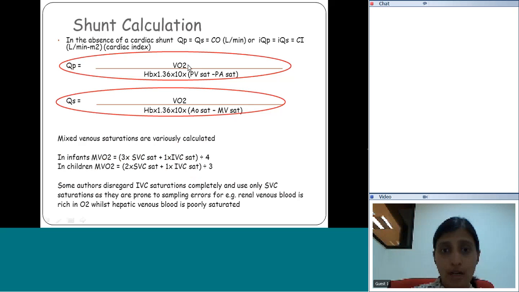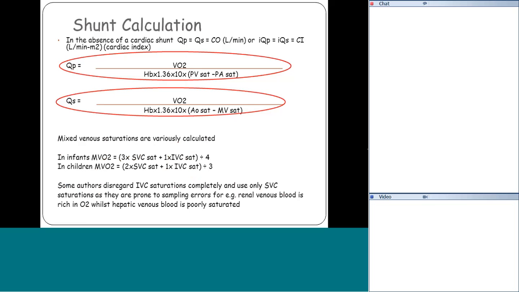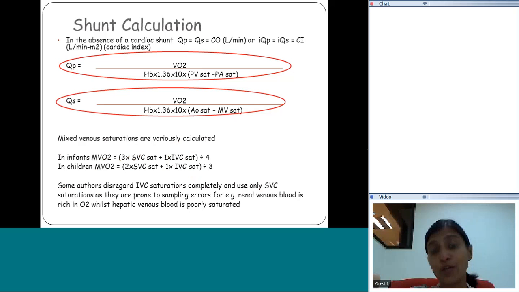In the denominator, you have hemoglobin times 1.36 times 10, which is the conversion factor, times the oxygen on the arterial side, which is the pulmonary venous side here, minus the oxygen content on the venous side, which is the pulmonary artery side. PV sat minus PA sat. Remember, this has to be fractional saturation. For example, if your PV sat is 99 and your PA sat is say 80, it will be 19 divided by 100, so it will be 0.19. So remember that you have to express it as a fraction.